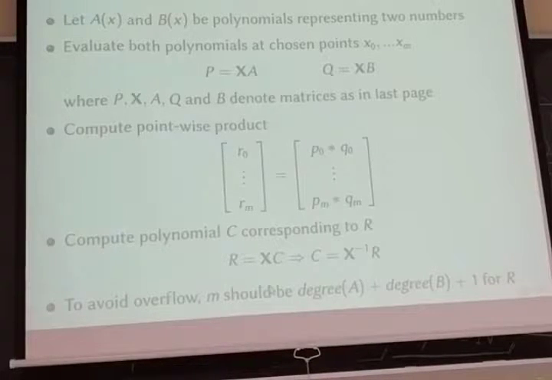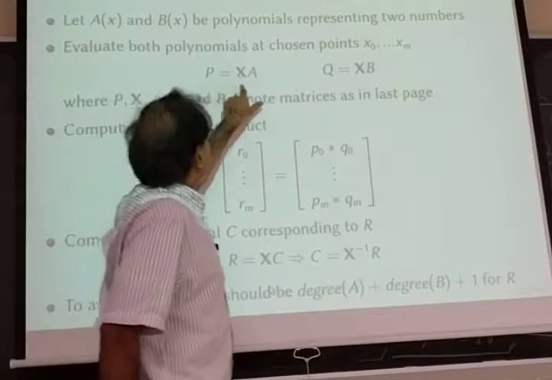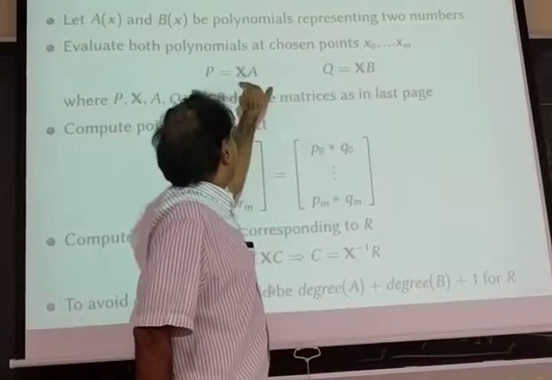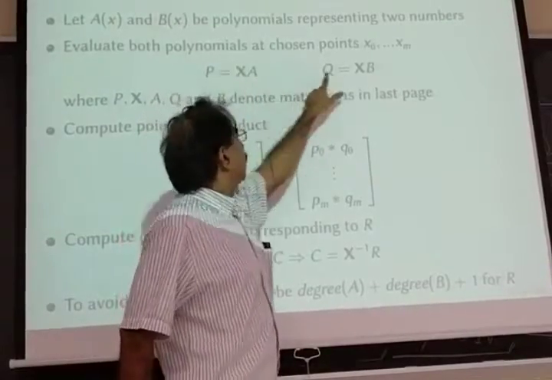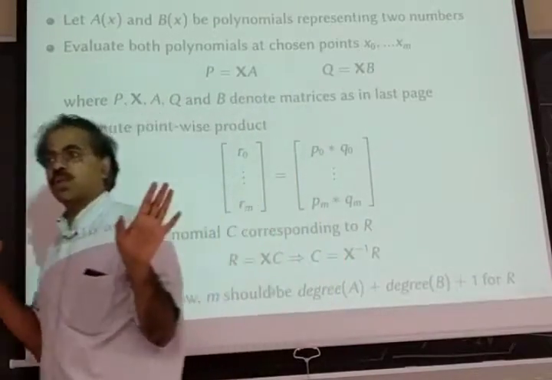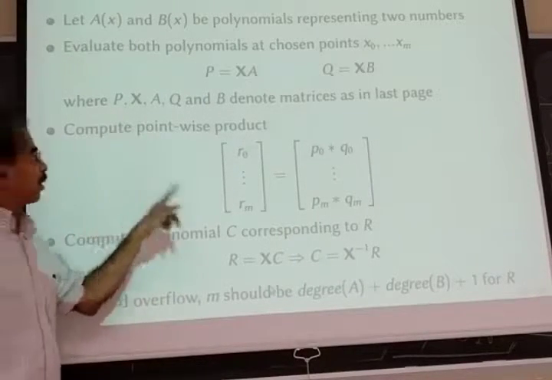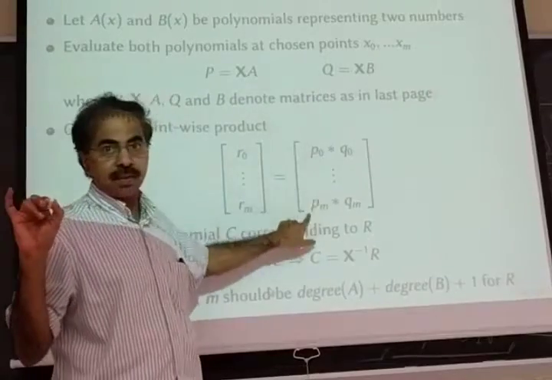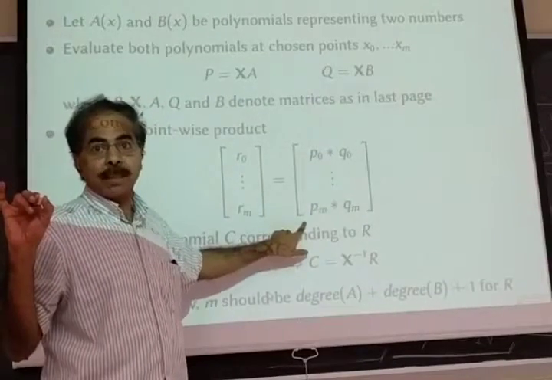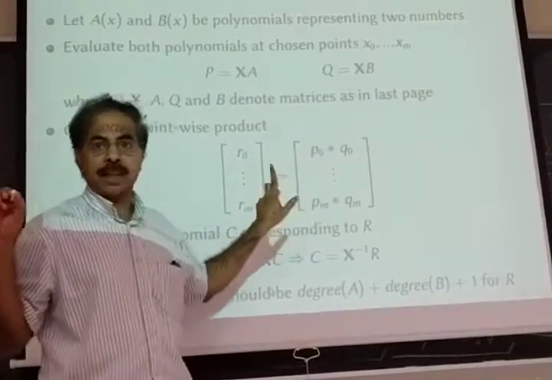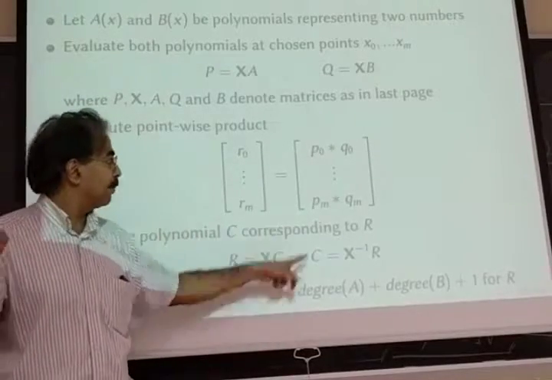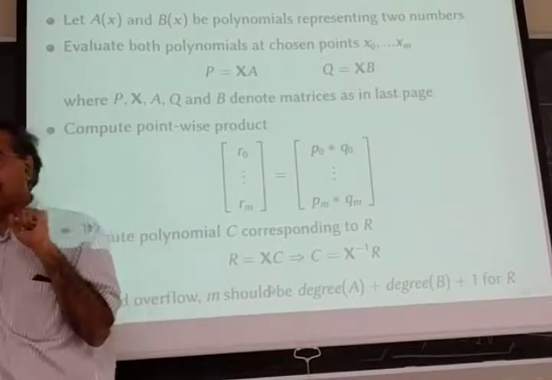The idea is that in computing P and Q, you choose x in such a way that computing P and computing Q essentially involves only addition, without any multiplication. Therefore, the only multiplications you need to do are these. So you have to do m multiplications, and we said before, m is going to be something like 2n.